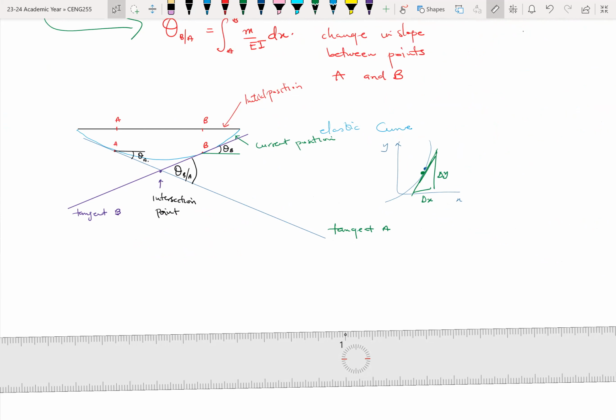So theta A and theta B are the angles the tangents at the respective points make with the horizontal.